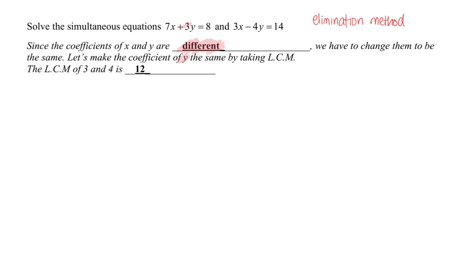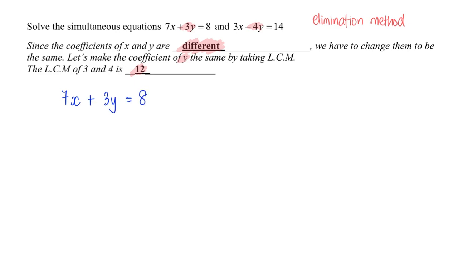And I look at the 3 and the 4. I'm going to make sure that the coefficient becomes 12. How do I do that? Well, first, do write down the equation as part of your working. This is good presentation.